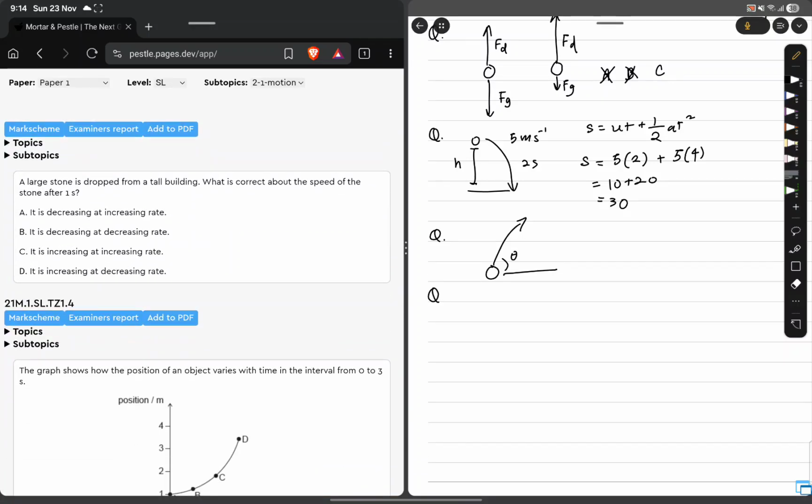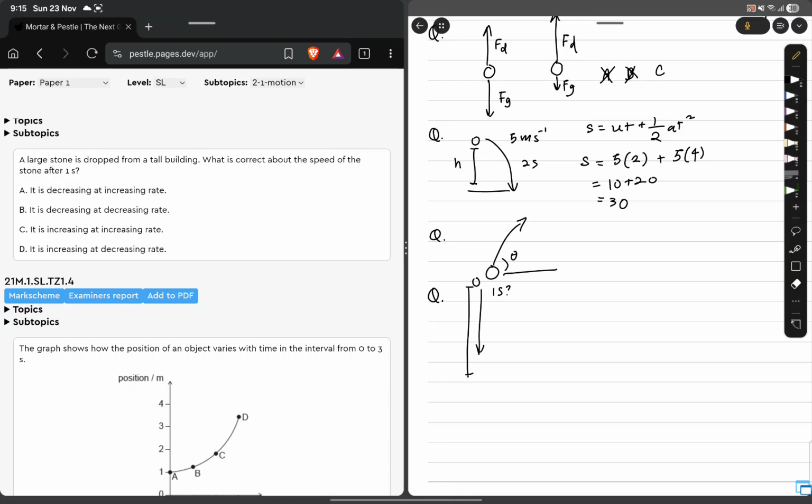A large stone is dropped from a tall building. What is correct about the speed after 1 second? Well, two things are important here. One, it's a large stone. That means air resistance is not negligible. And two, it's a tall building, so there's a lot of time for the air resistance to act on it. So what the question is wanting us to infer is that air resistance is not negligible.